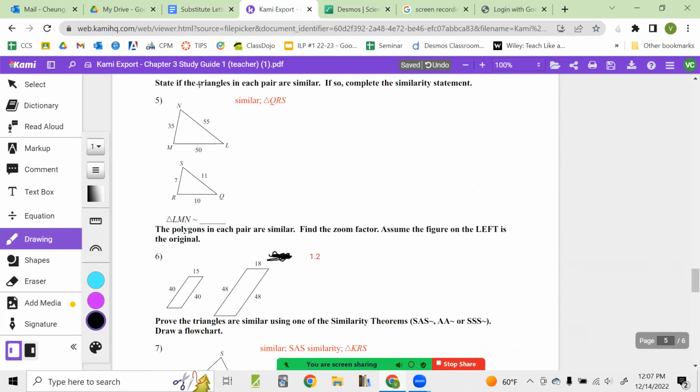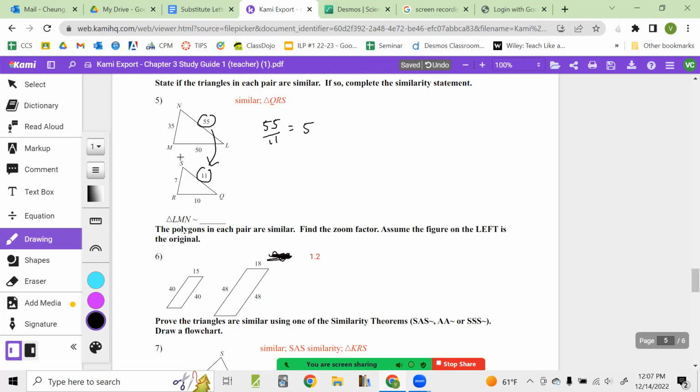Next, state if the triangles in each pair are similar. If so, complete the similarity statement. Yes, they are similar. Look, so what's the biggest one here? 55, 35, or 50? Well, 55 is the biggest on the top, and then 11 is the biggest on the bottom, right? So if you go 55 over 11, that's going to be 5.